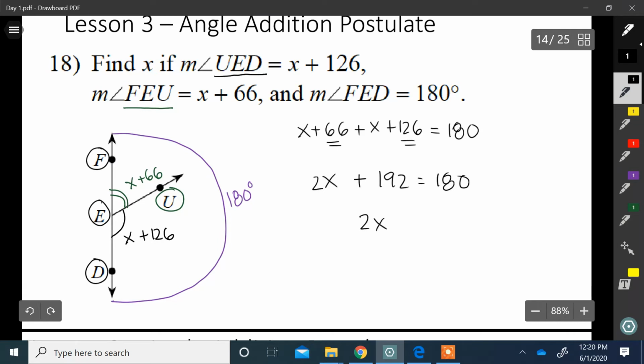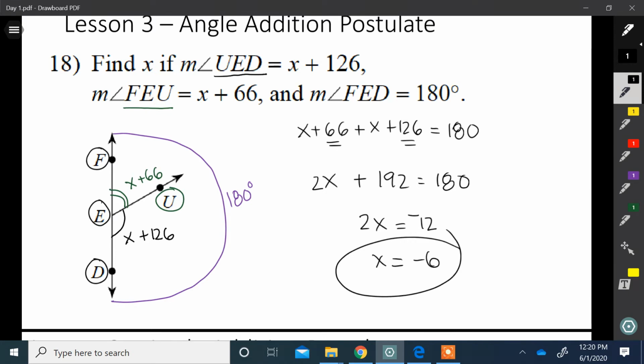Subtract 192 from the 180, you should get 12, but it's going to be negative 12. Then you get negative 6. Okay. All right, very good.